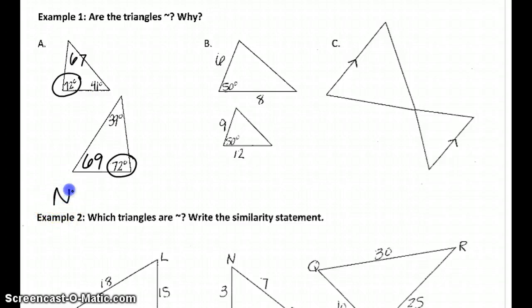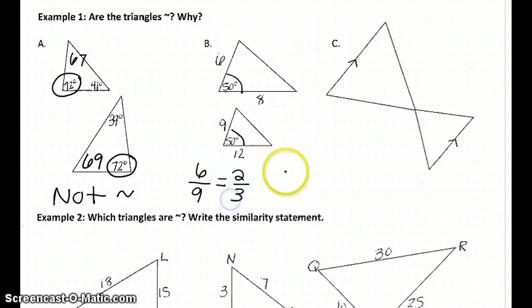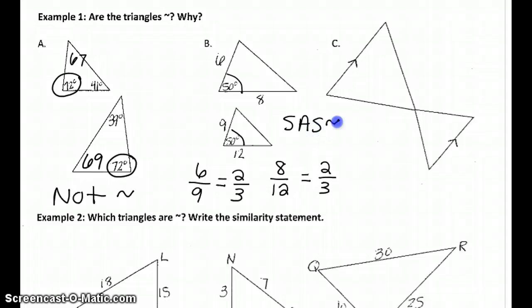That is not enough information to prove those similar. In B, I have one angle and two sides. Let's check the sides. 6 over 9 simplifies to 2/3. 8 over 12 also simplifies to 2/3. These are similar by side-angle-side similarity.